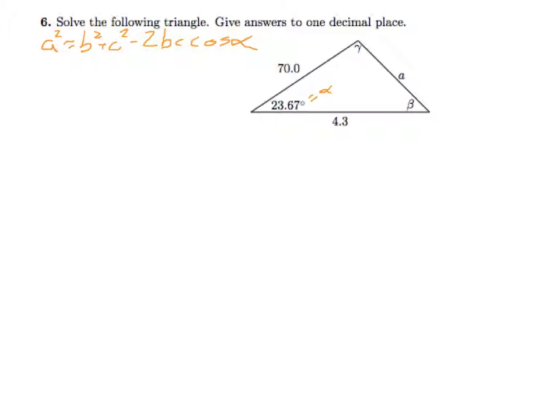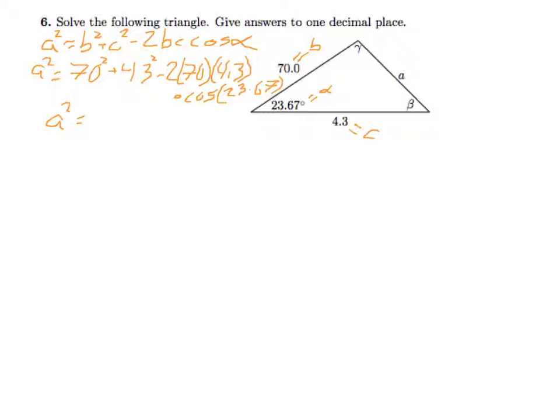When we plug these numbers in, we'll get a squared is equal to, the opposite of beta we'll call b, so it'll be 70 squared, plus our other known side, the opposite of gamma, we'll call this c. c squared will be 4.3 squared, minus 2 times 70 times 4.3, all multiplied by cosine of our angle alpha, 23.67. When we plug that into our calculator, a squared equals 4,367.1. Now we have to solve for a, so we take the square root of it. So a equals 66.1.